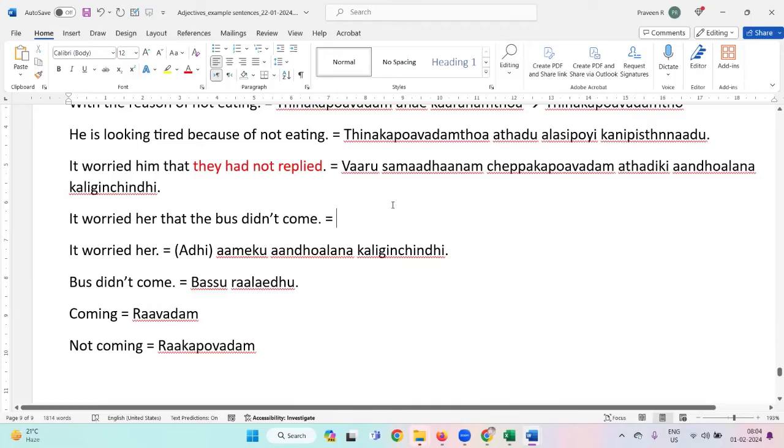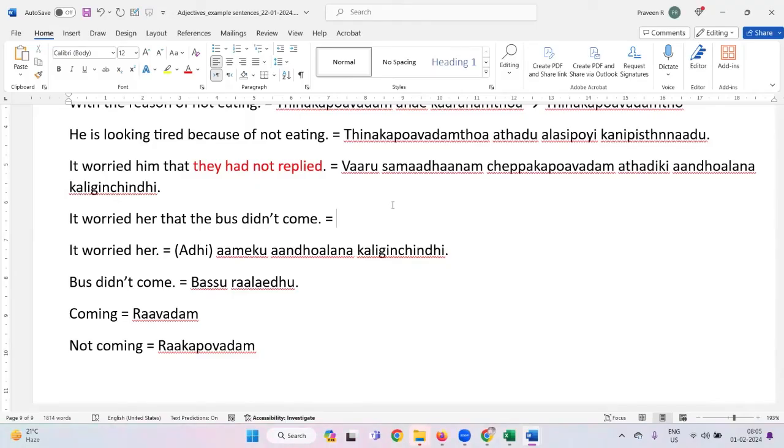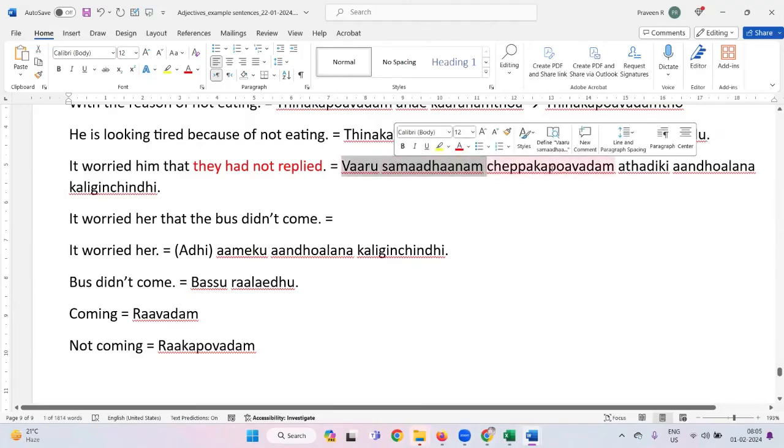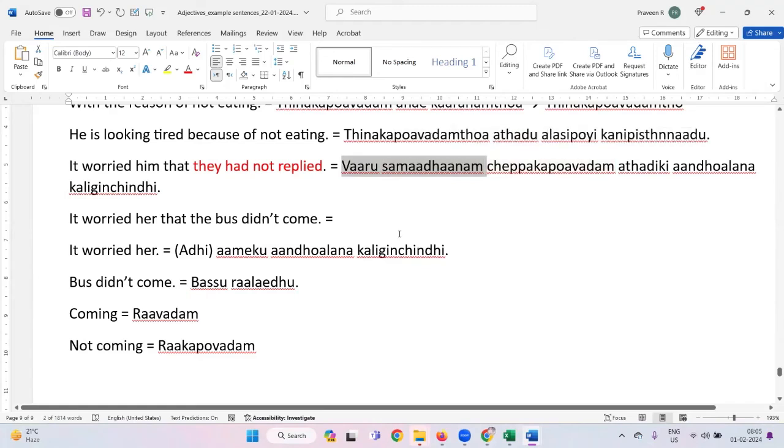Okay. Can you try? Wait a minute. Yeah, it will be almost the same structure. So the noun and this, I'm just guessing which will come first.